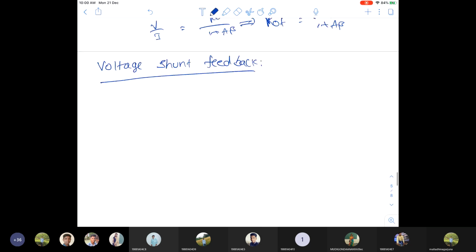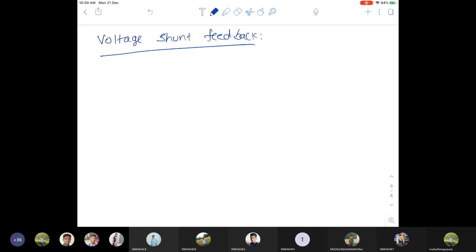So I will redraw the circuit. Voltage shunt.